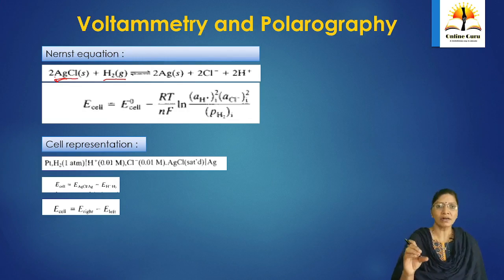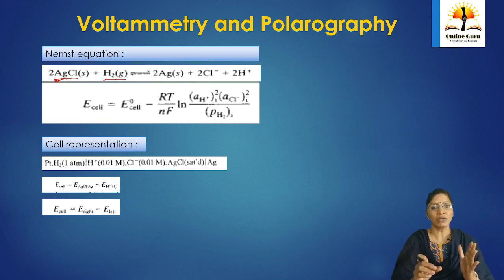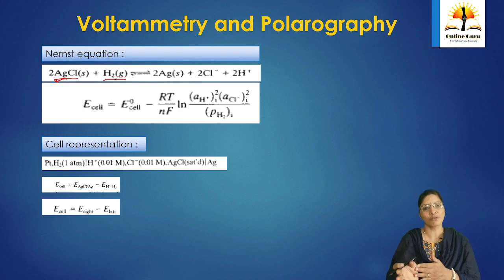Whenever we talk about a system, one electrode behaves as the reference electrode and another as the working electrode. For this example, the standard reference electrode is the hydrogen electrode. This gives the reaction H2 producing 2H plus.